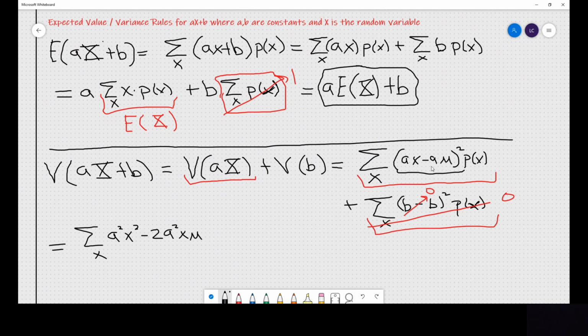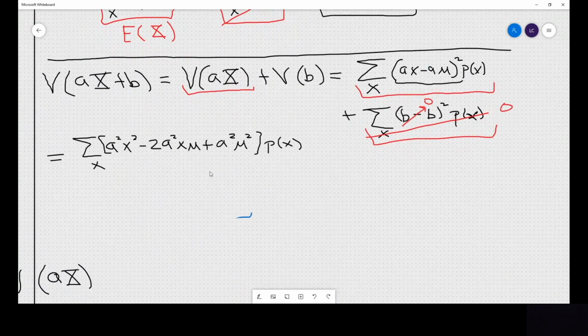When I multiply those, I get 2 of those, and then I get plus a squared mu squared, all of this times p of x.